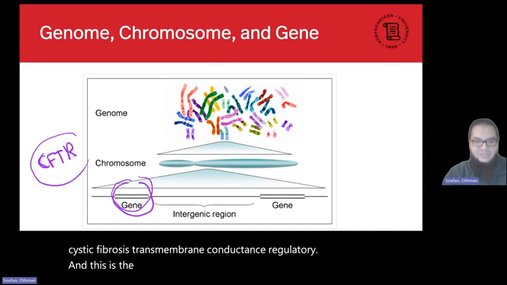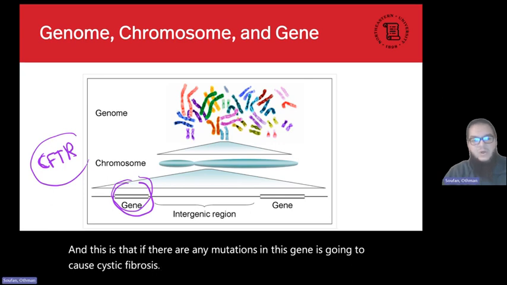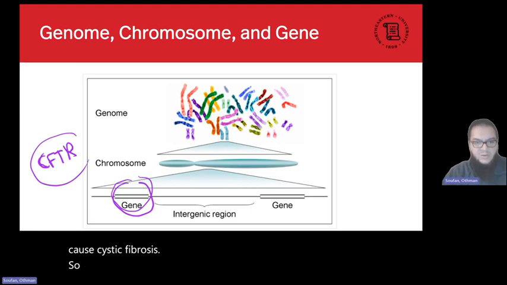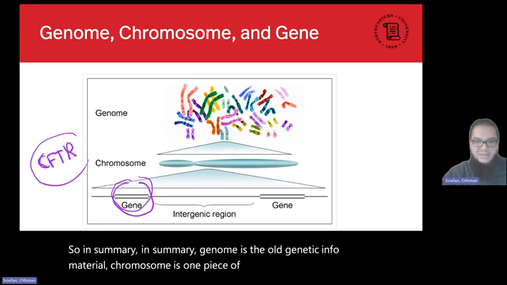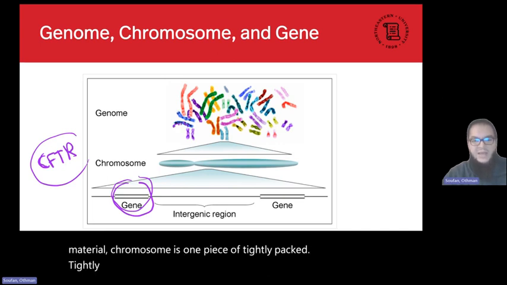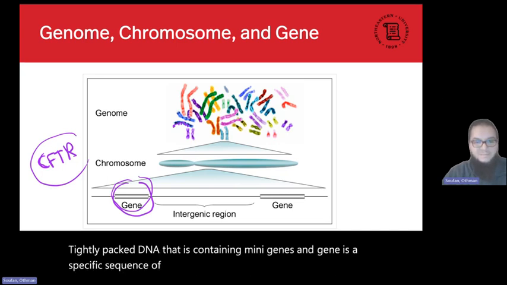If there are any mutations in this gene, it is going to cause cystic fibrosis. So in summary, genome is all the genetic material. Chromosome is one piece of tightly packed DNA containing many genes, and gene is a specific sequence of the DNA.